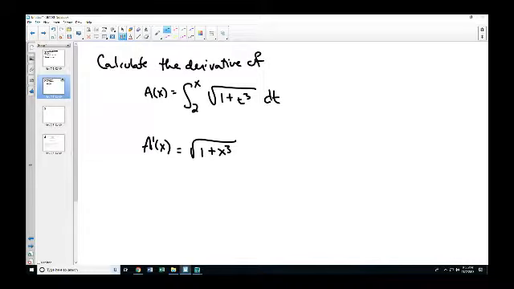Then you would have to do A prime at 4 minus A prime at 2, correct? The nice thing about the fundamental theorem of calculus is that you can sidestep all that work. By just putting in the x? Yeah, or whatever's there.